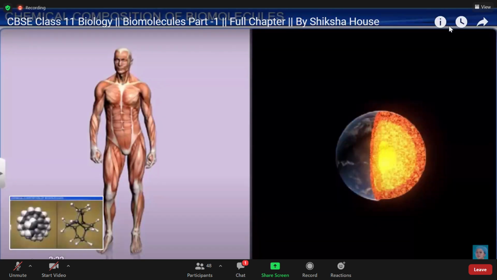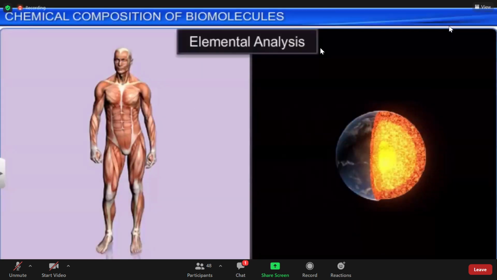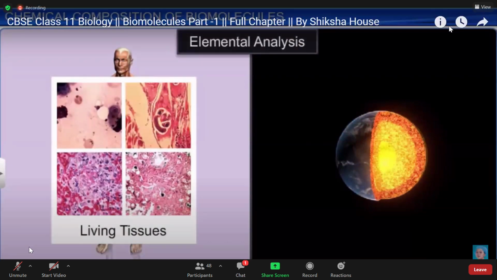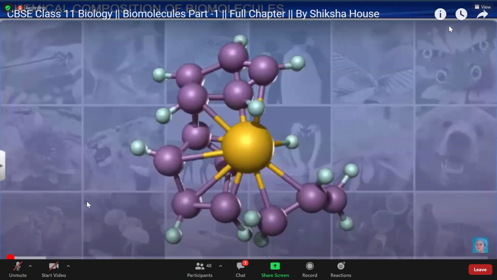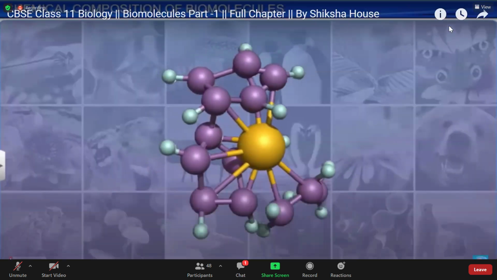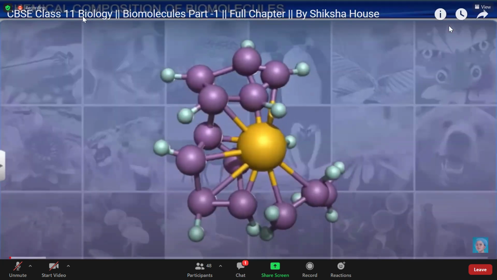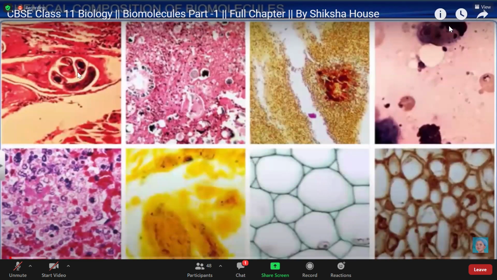We obtain similar elements while doing an elemental analysis of different living and non-living things. The elemental composition of living tissues can be determined by a technique known as elemental analysis.